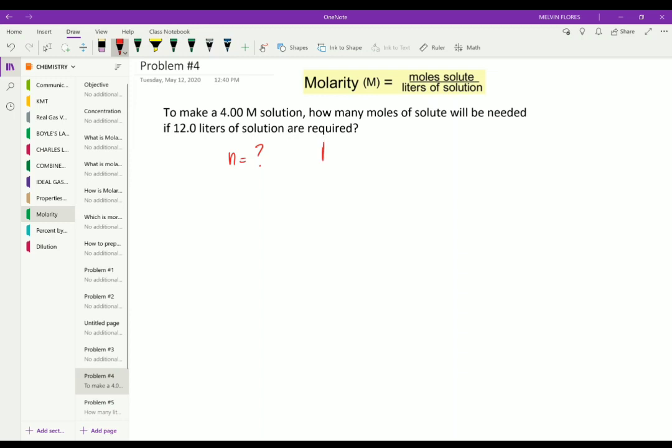To make a molarity of 4, and then we also have the volume, which is 12.0 liters. Remember that this is your equation for molarity: M equals N over V. If we're looking for the number of moles, we have to multiply M times V. Our molarity is 4.00.